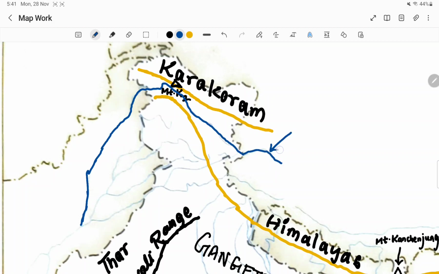So this will be our Indus River. After this comes the Jhelum. So this is the Jhelum River. Next river is the Sutlej.